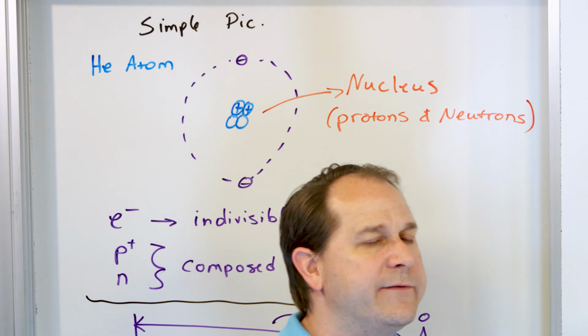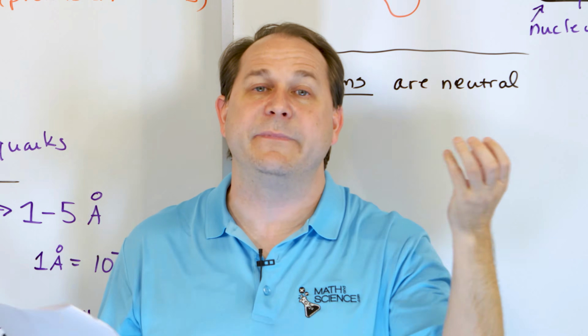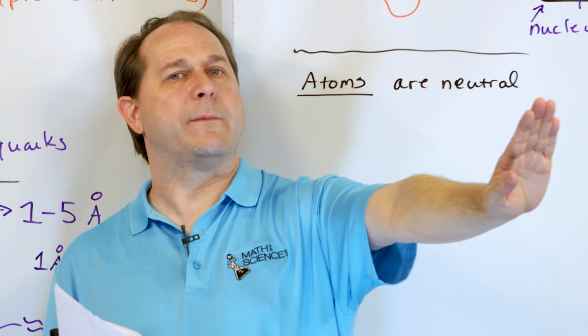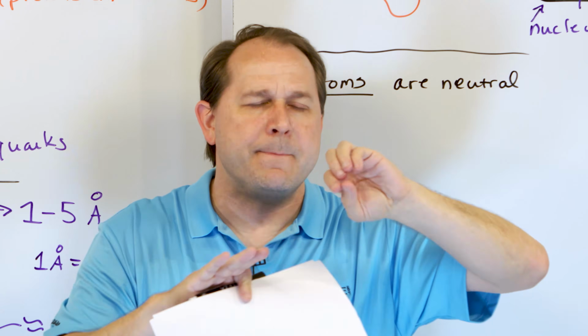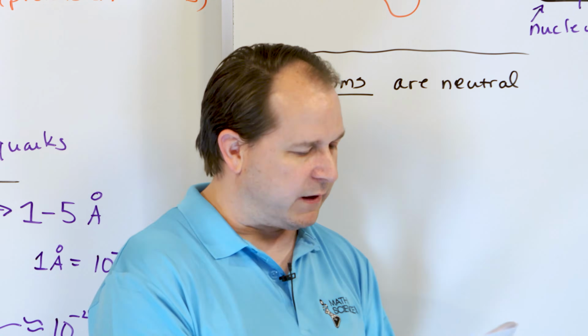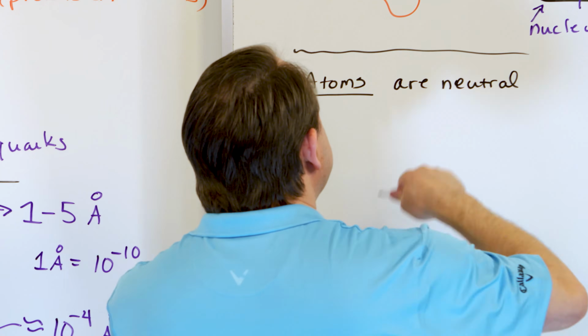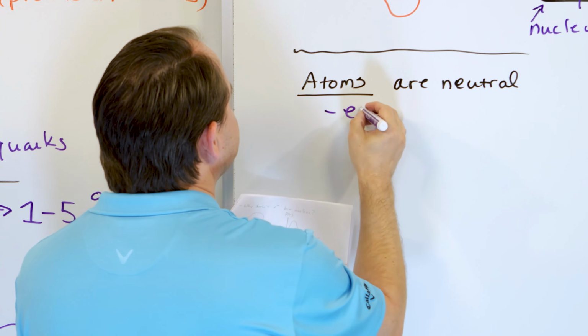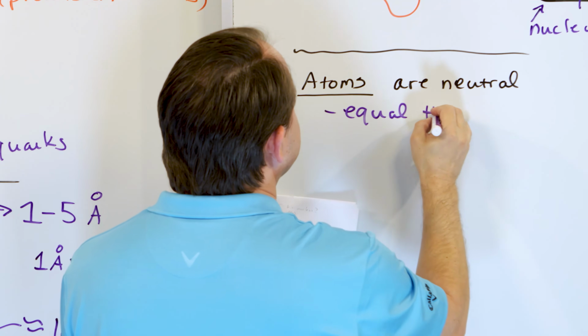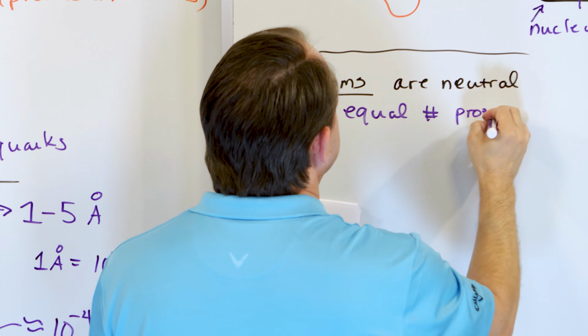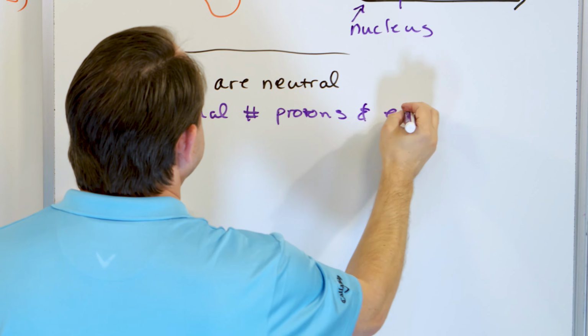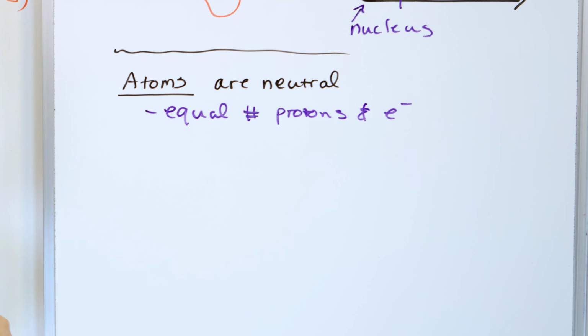And when you add those all together, the overall charge of that atom is 0. When you stand far away from an atom, even the atoms in my skin, they all have an equal number of protons and electrons. And because of that, they're neutral. So equal number of protons and electrons. And that is why they are neutral.